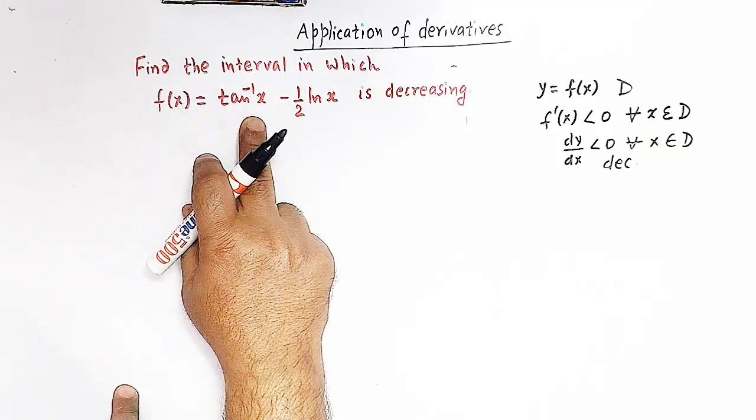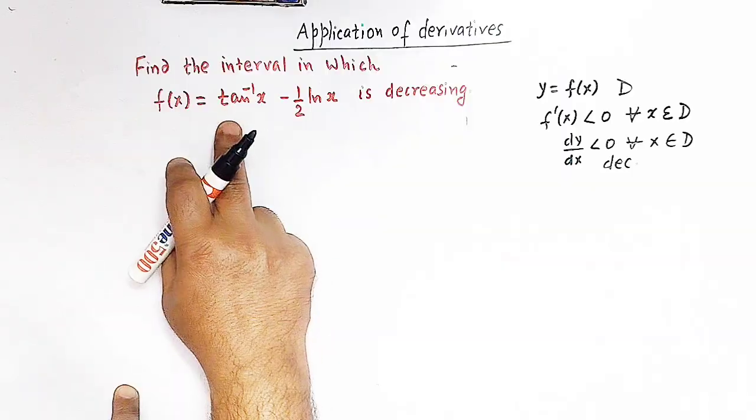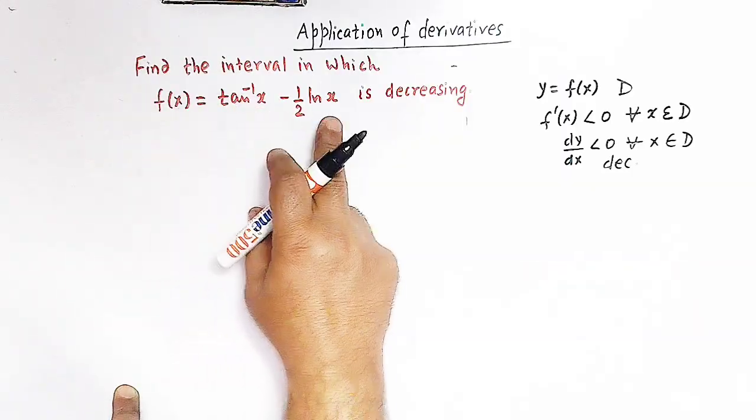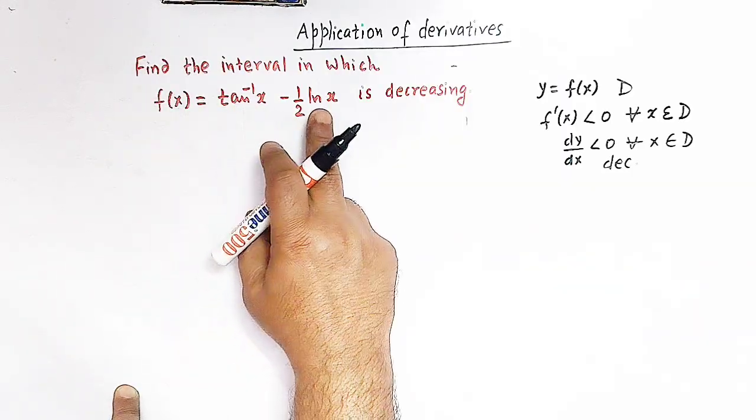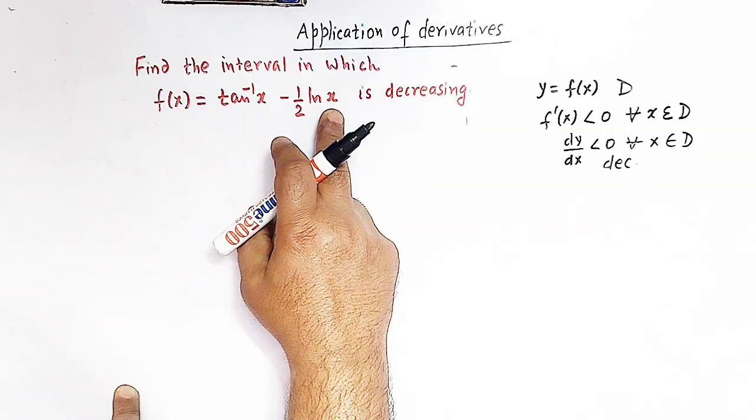Let us first quickly look at this function. Here we have tan inverse x, and here we have minus half times natural log of x.